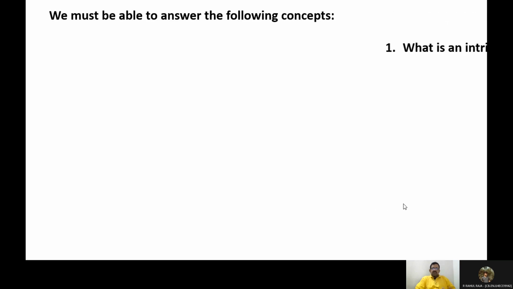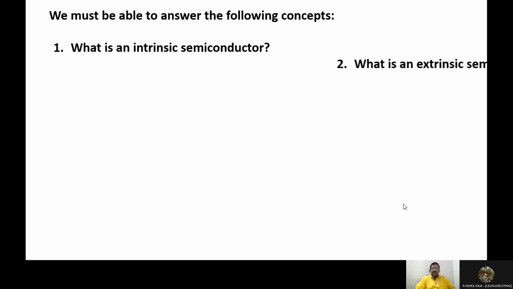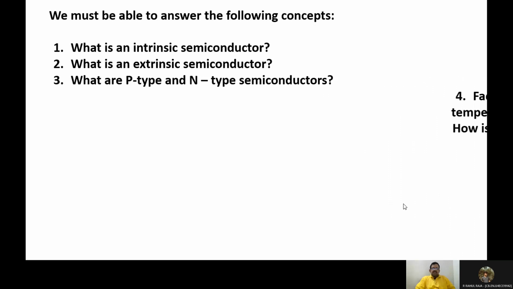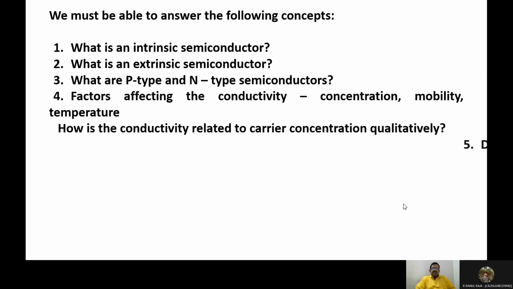So what we ought to know on semiconductors is the following. Number one, what is an intrinsic semiconductor, what is an extrinsic semiconductor, and what are p-type and n-type semiconductors, and how are they made. Then the factors affecting the conductivity, such as the concentration, mobility and the temperature, qualitatively and quantitatively we'll see that.